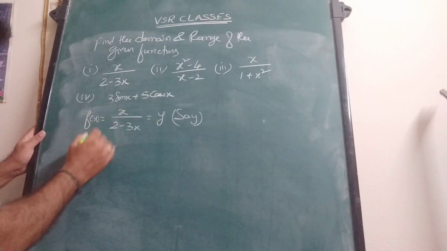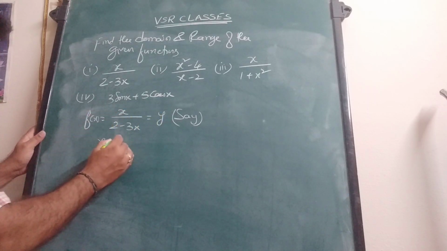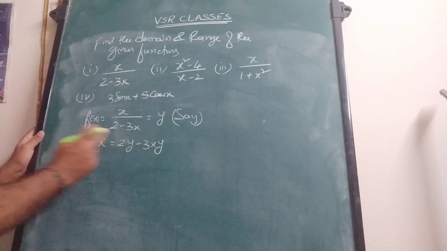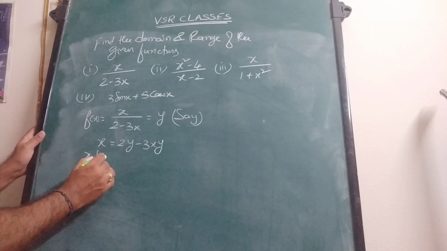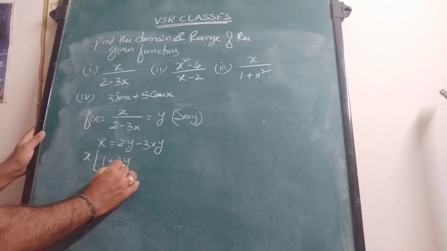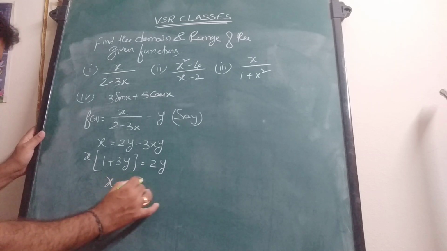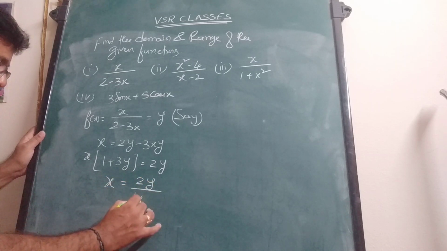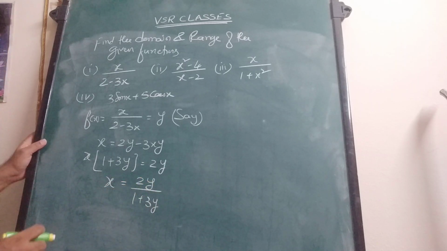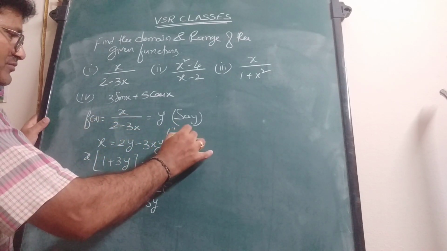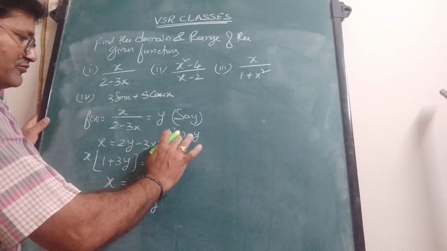If you cross multiply, you will have 2y minus 3xy. You bring this to this side and take x common, you will have 3y... I can write this as x is equal to 2y by 1 plus 3y. And we have f inverse of x is nothing but y.